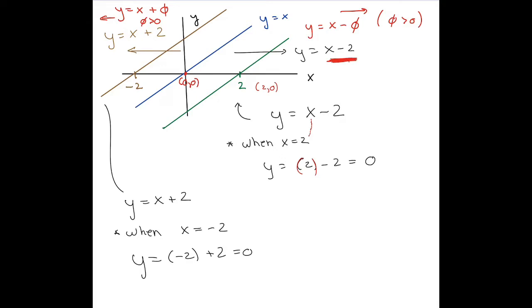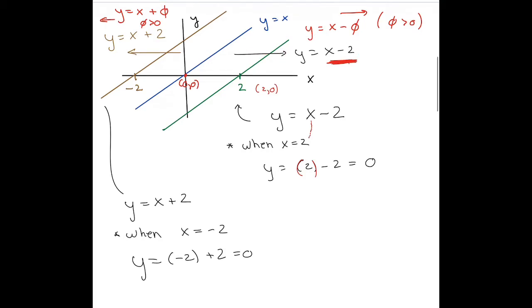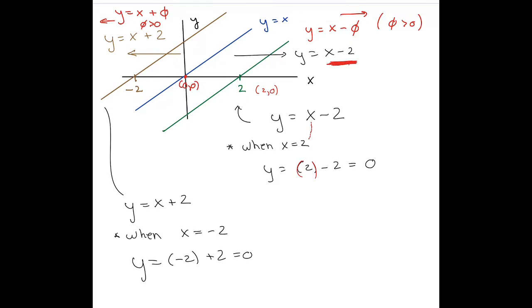So that says that this blue curve, if it's shifted over to the right, is written as x minus 2. That could be written right here as x minus phi, where phi is a positive number. So if it's x minus a number, that minus phase shift is something that's been shifted over to the right.